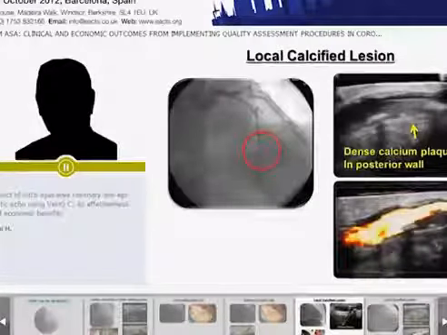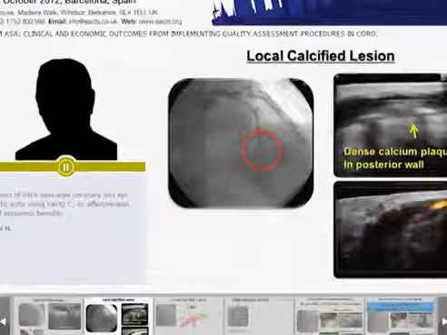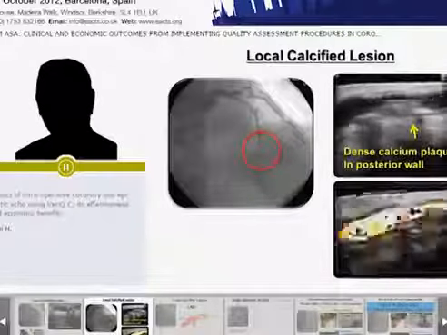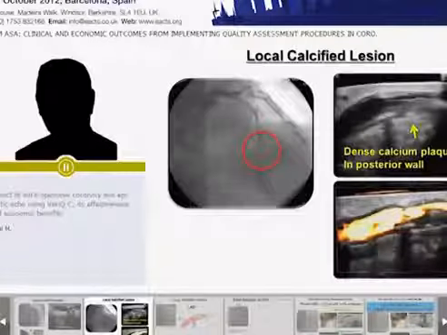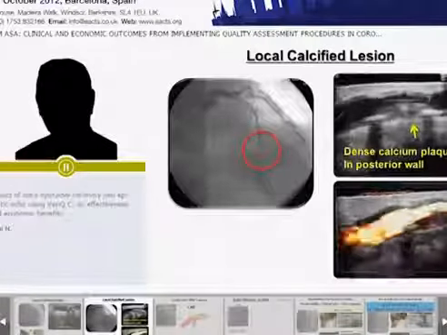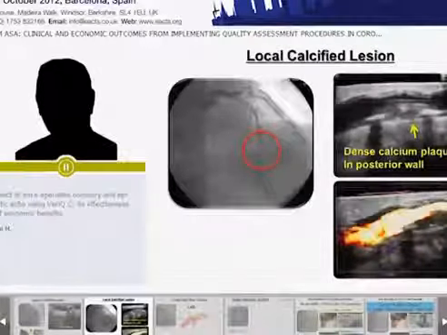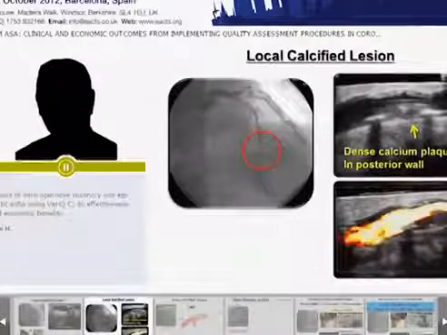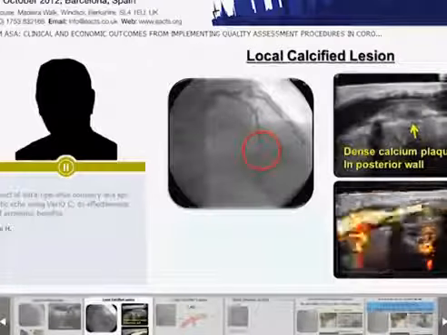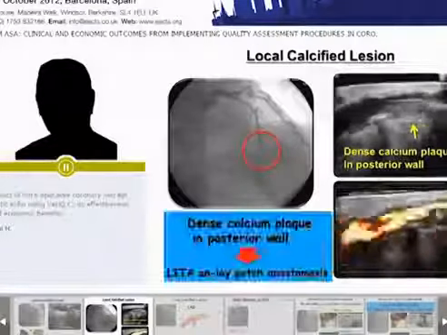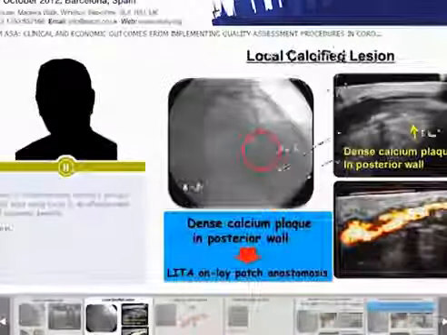For this case, the local calcium is a dense calcium plaque in only the posterior wall. On the other hand, the coronary angiogram does not show in which site of the wall the calcium is located. So this is only posterior wall calcium, and I made an onlay patch anastomosis using a LITA for this case.